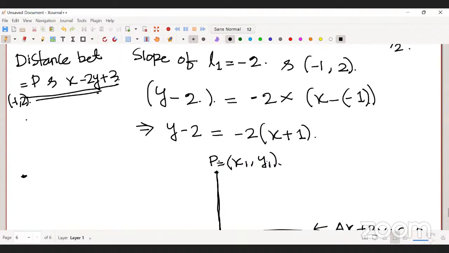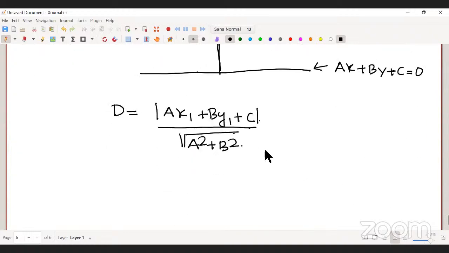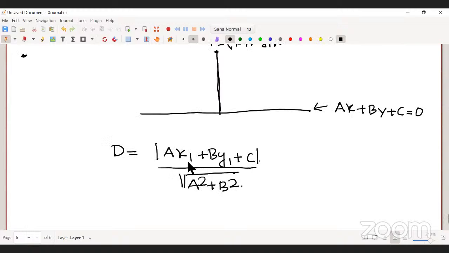If I apply the formula, what should I get? So I want to compute the distance between a point and a line.